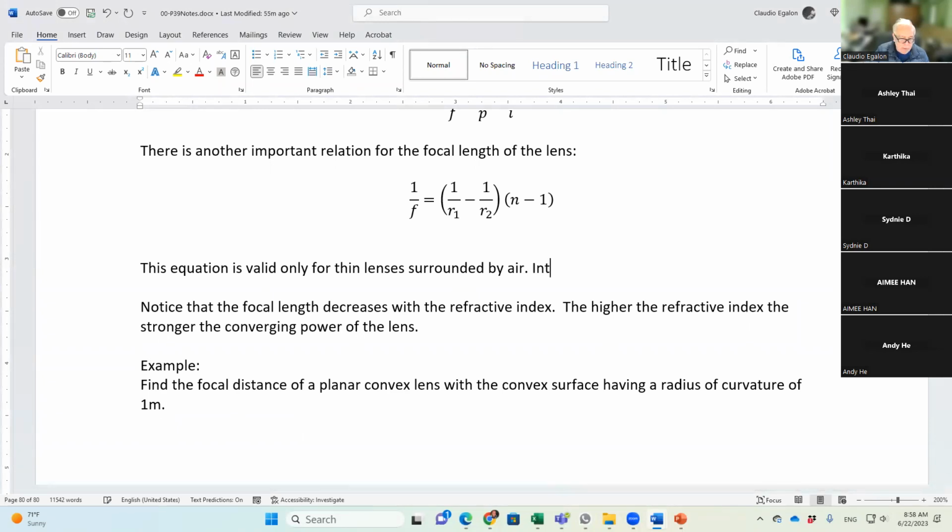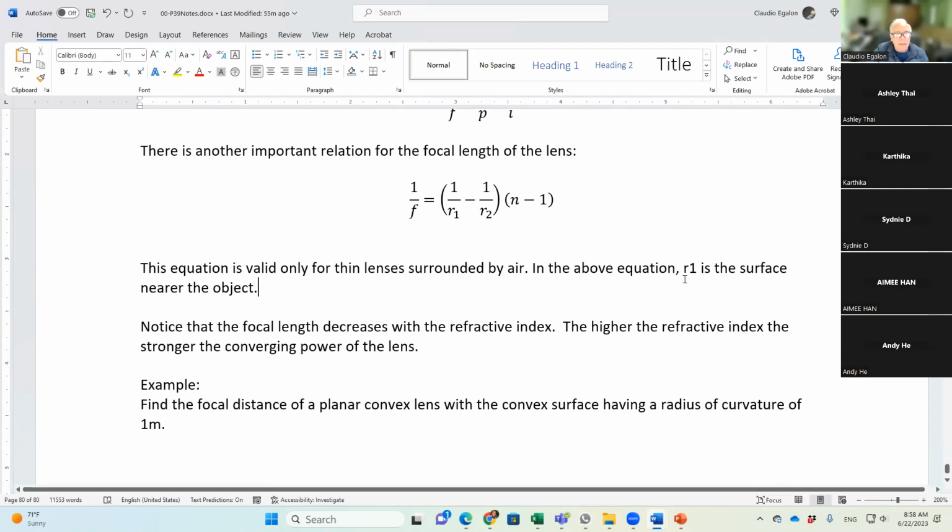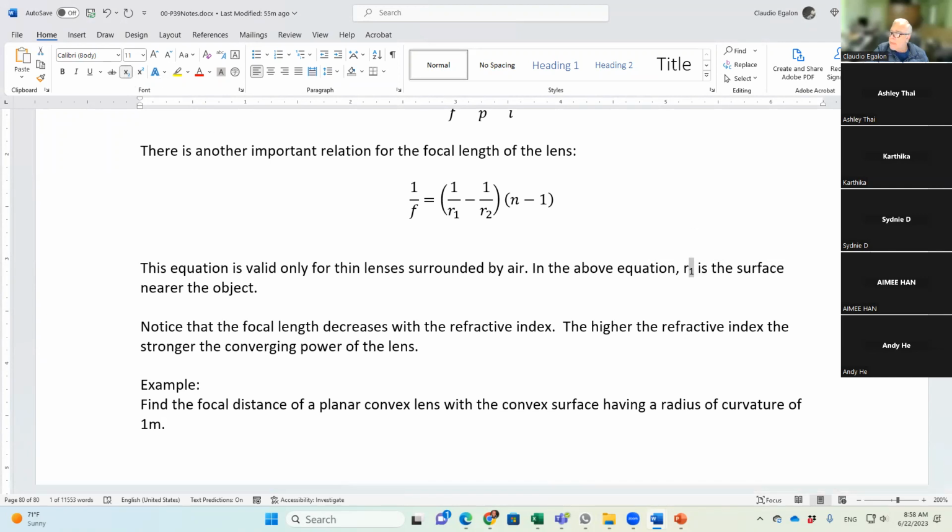R1 in the above equation is the radius of curvature of the surface nearer the object.